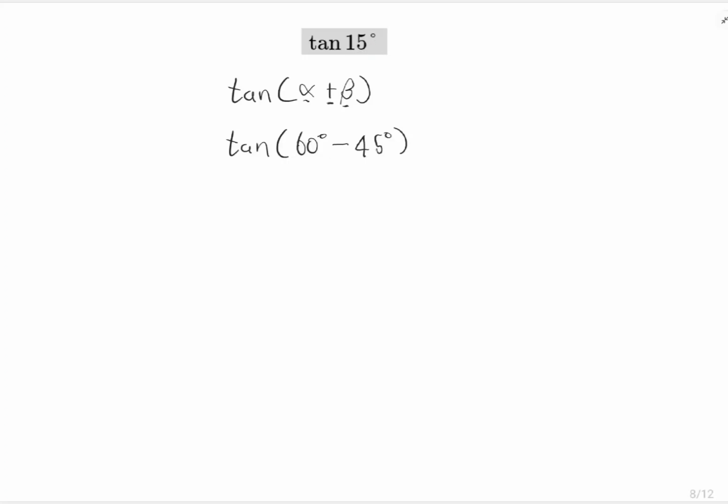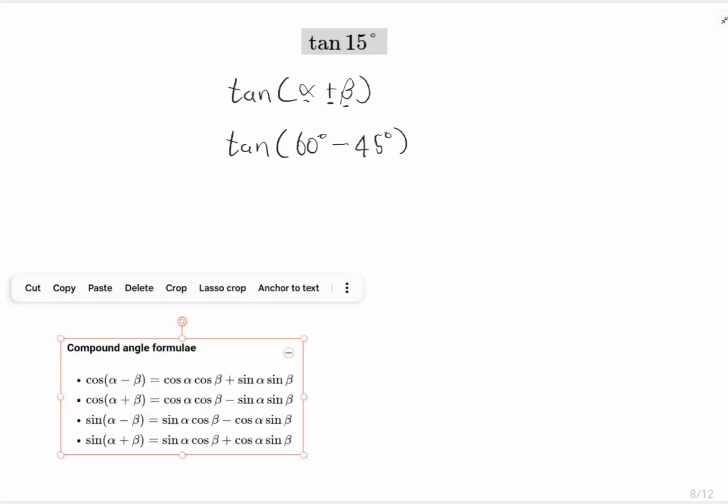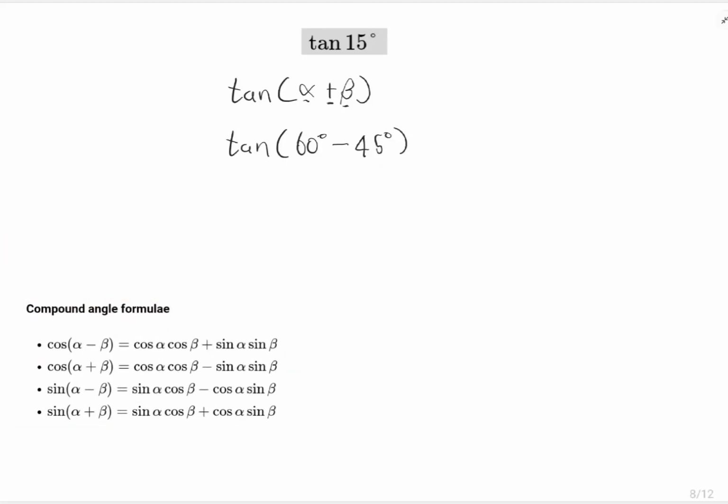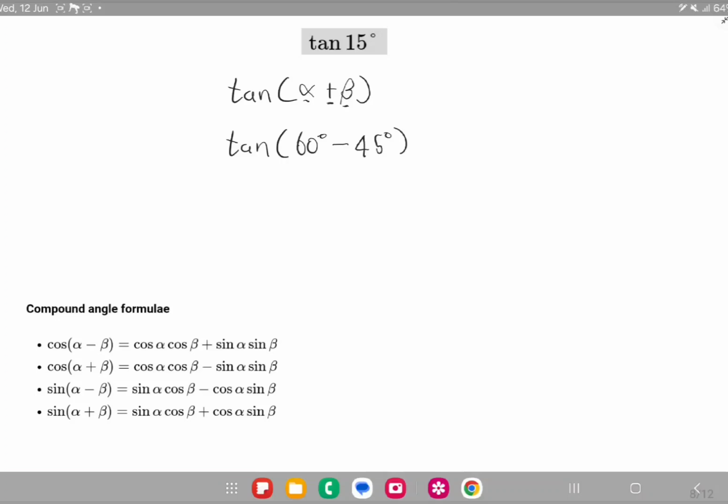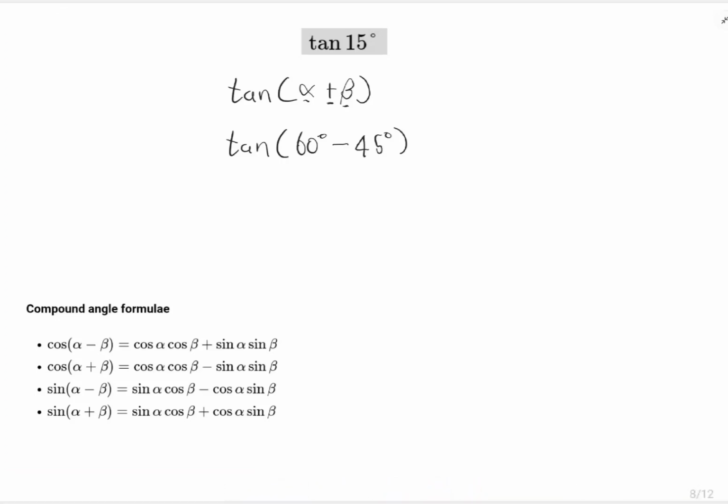But wait, with compound angles, there's a certain formula that I forgot to include here, because here I just gave cos, sine, sine. I only gave these ones for a very good reason, because there is a formula to expand tan for compound angles, both plus and minus, but it is so complicated.